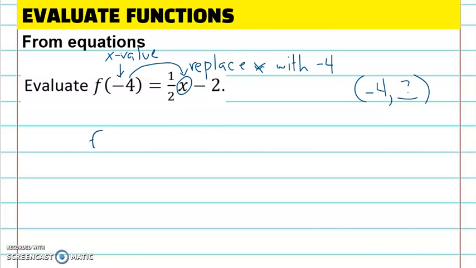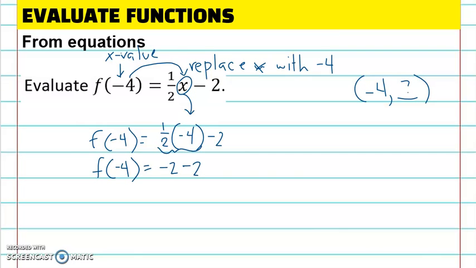So we substitute in. f(-4) equals 1/2 times x comes out, -4 goes in, minus 2. f(-4) equals, well, half of -4 is -2, minus 2. f(-4) equals -4.